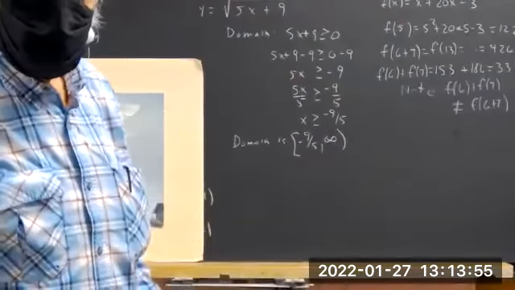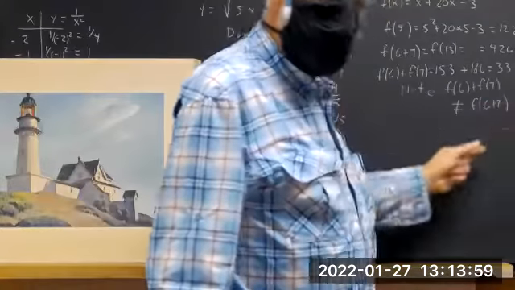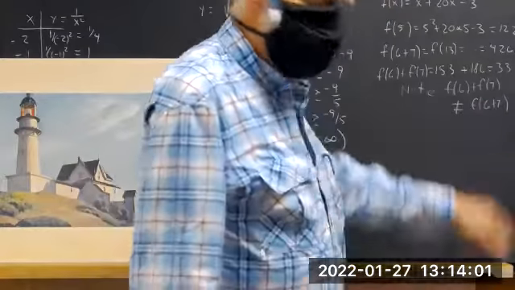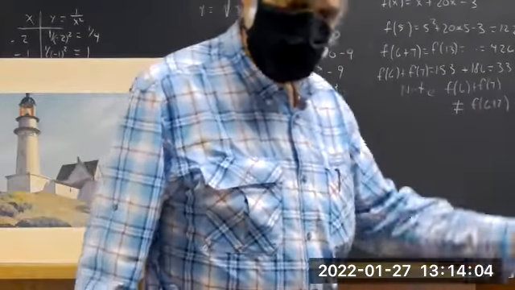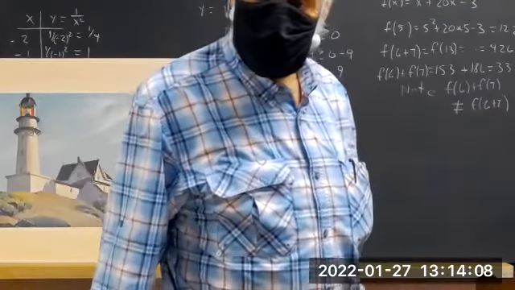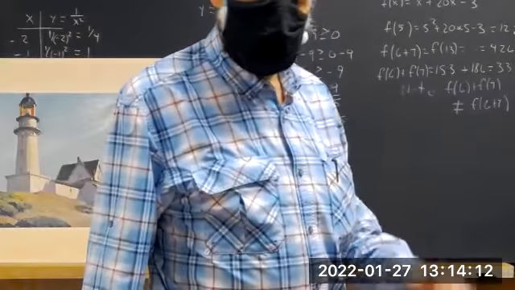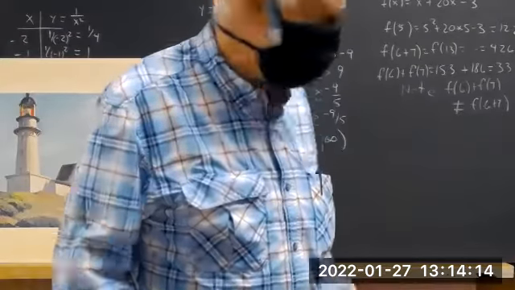There's a common misconception with functions that you have this kind of distributive law, that f of 6 plus 7 ought to equal f of 6 plus f of 7. But there's no reason to expect that. That's only true if you have a linear function like the y equals mx plus b function.